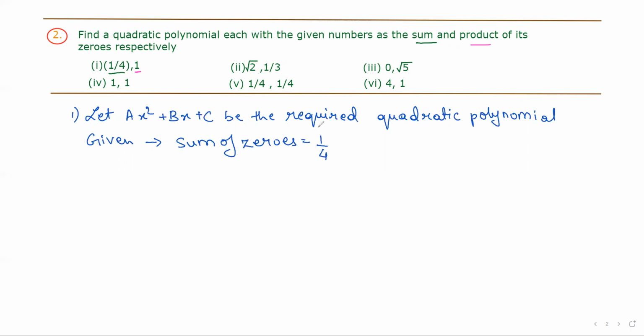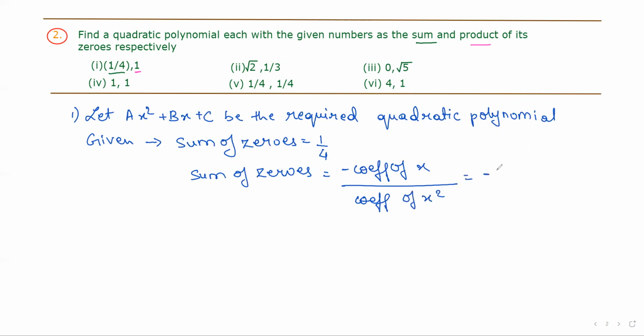Now we know that in a quadratic polynomial, sum of zeros is equal to minus coefficient of x upon coefficient of x squared, which is minus b upon a. So equating these two, we get minus b upon a is equal to 1 by 4. Let's say b is equal to 4a.